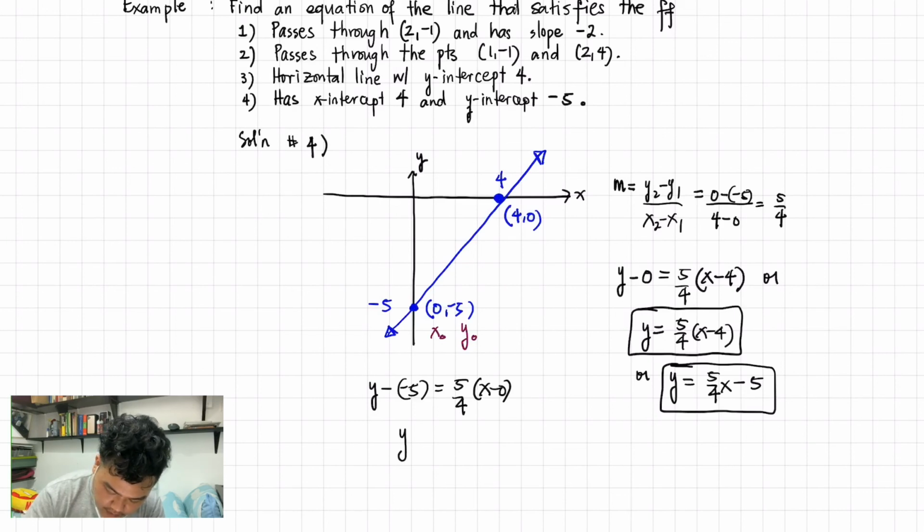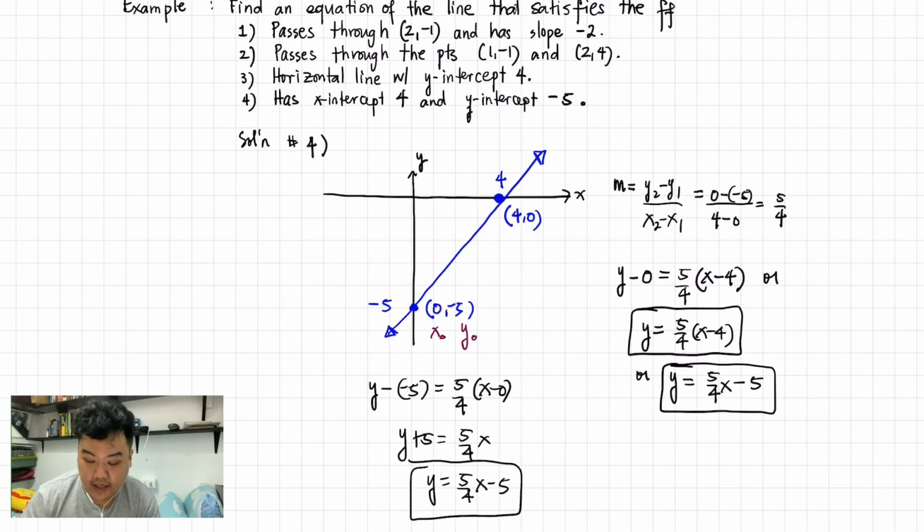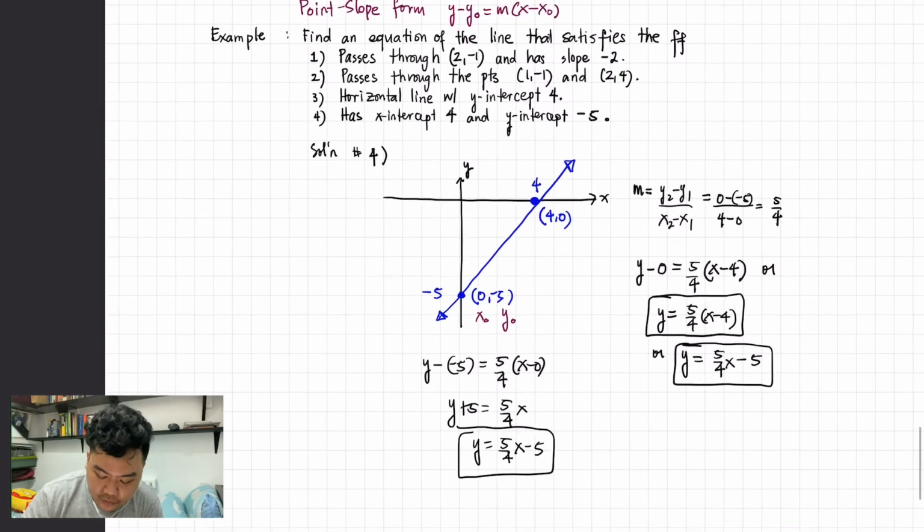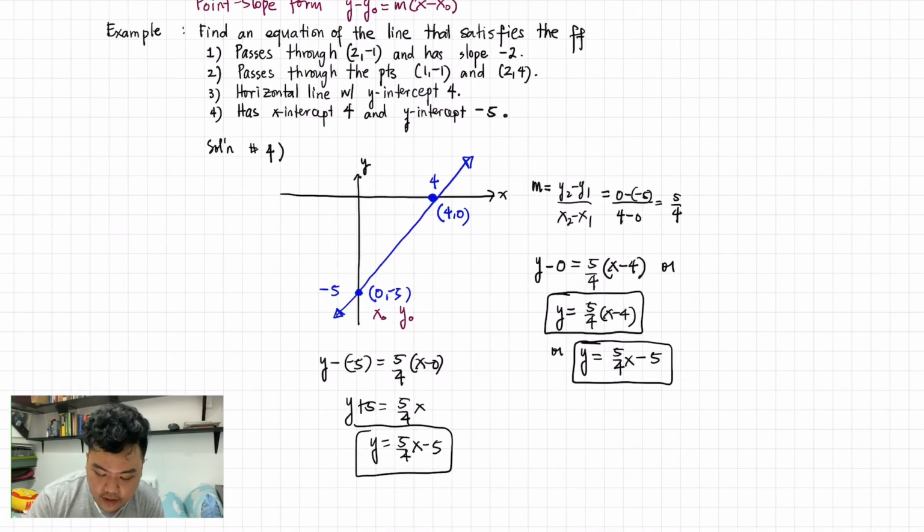So we get y plus 5 equal to 5/4 x. And hey, if you solve for y here, bring that positive 5 to the right, it becomes negative 5. You get 5/4 x minus 5. You still get the same equation. So no matter what point you choose, you still get the same equation.